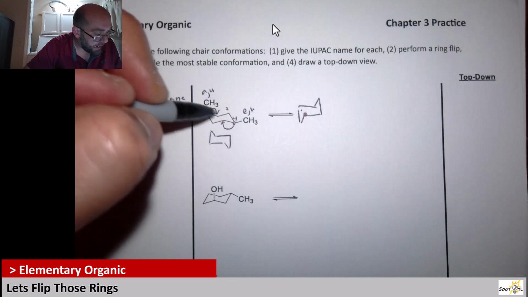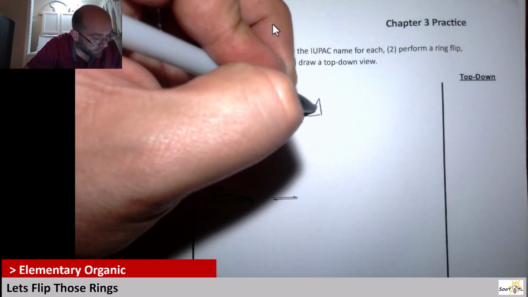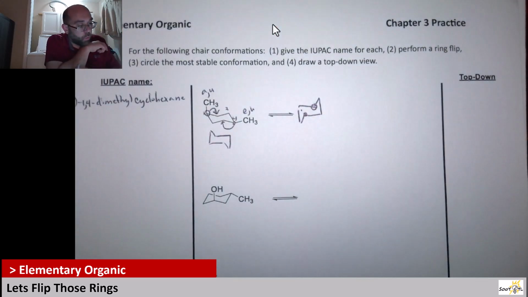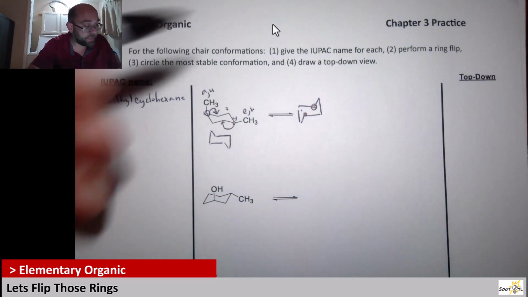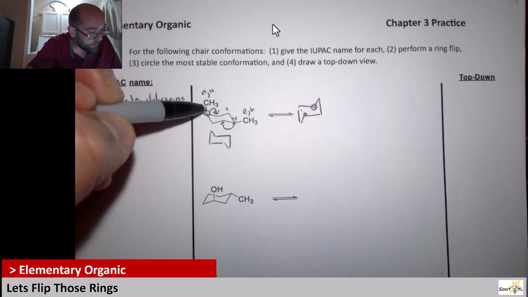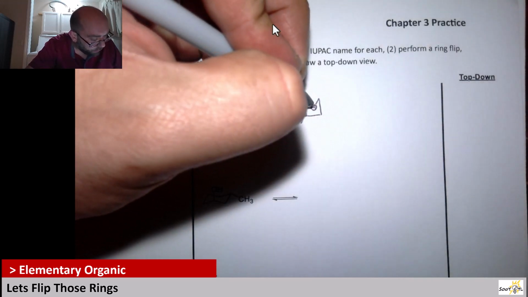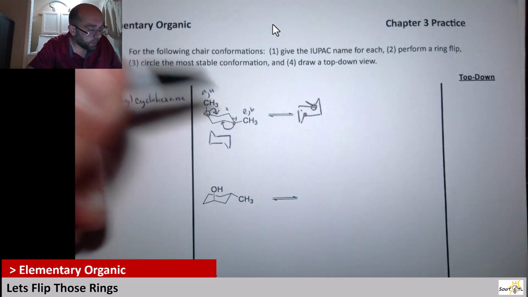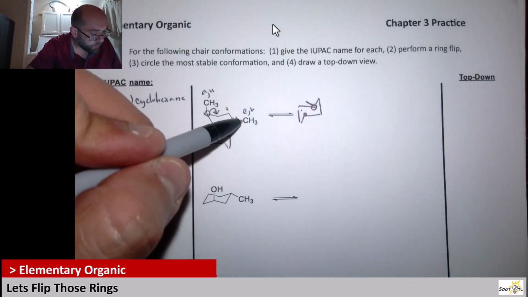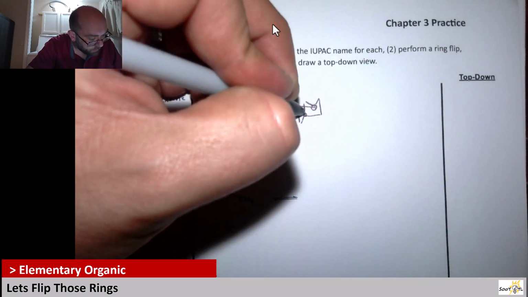So now it'd be in the top middle. So right here. Alright, now what's up stays up, what's down stays down. Pretty much what you'd have to do here is you're going to see that the methyl here was axial up, so now it's going to be equatorial up right there. Here it was equatorial up, so now it's going to be axial up, so right there.